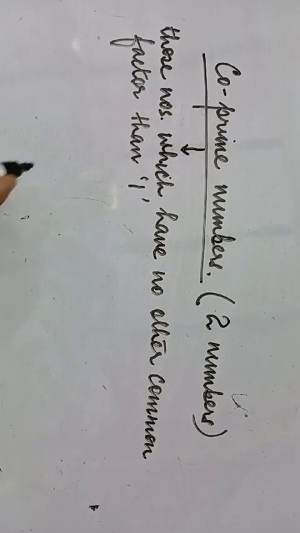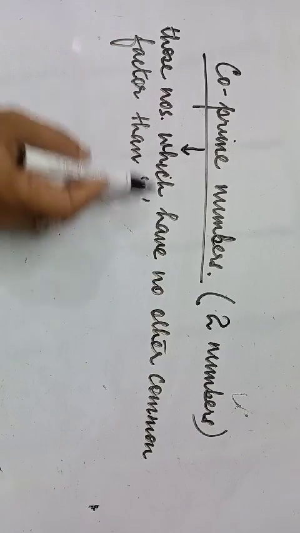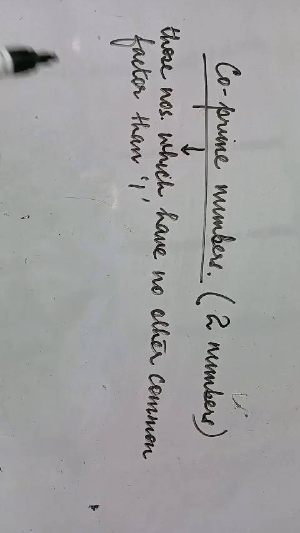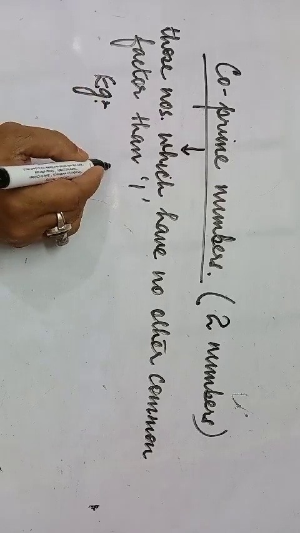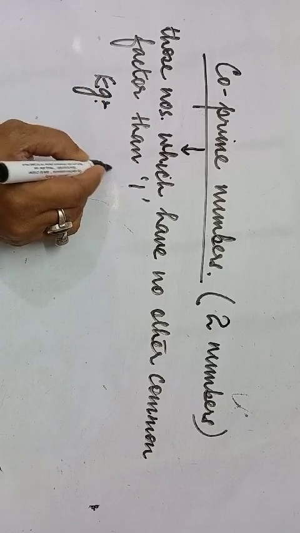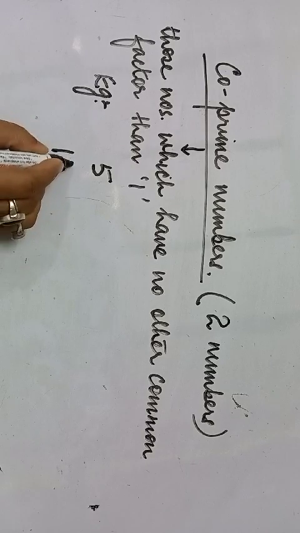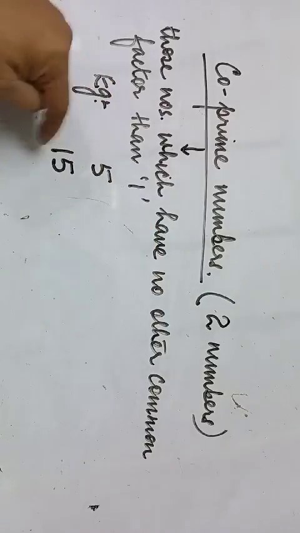Okay. Now, what is the definition? Those two numbers should have no other common factor than 1. So let us take examples. Suppose I take let's say 5 and I take 15. Let's take an example. Okay, because I have to take two numbers, so I have taken two numbers.